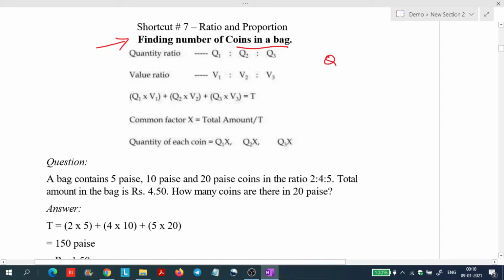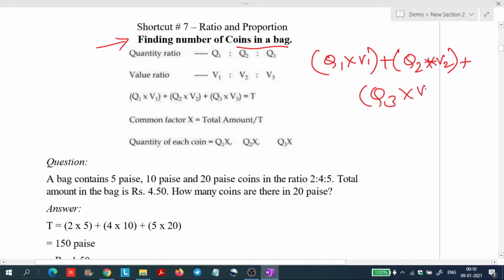So quantity q1 into value v1, plus quantity q2 into value v2, plus quantity q3 into value v3.